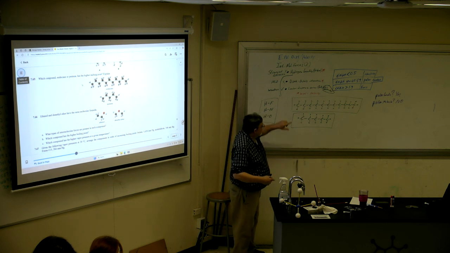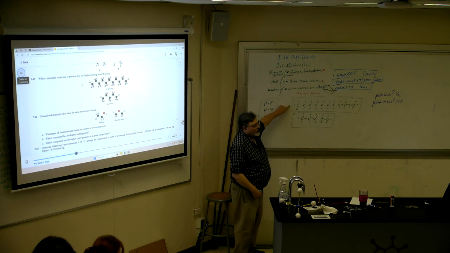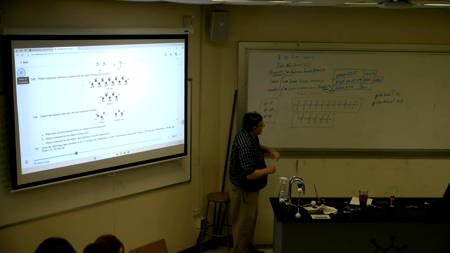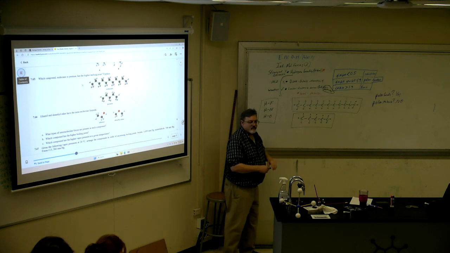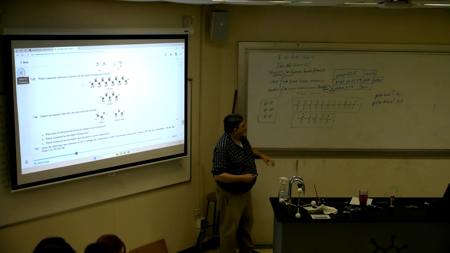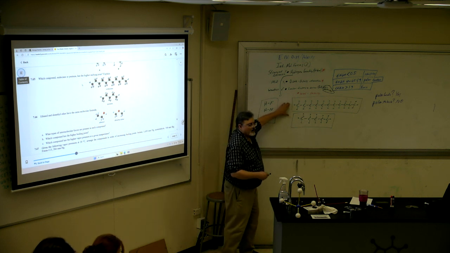But this one will have a higher boiling point than this one because this one has more London dispersion forces, literally because there's more matter in there. Follow that. These will have stronger attractions to other ones of these, simply because they're bigger. That creates more attraction. So this one will have the higher boiling point.